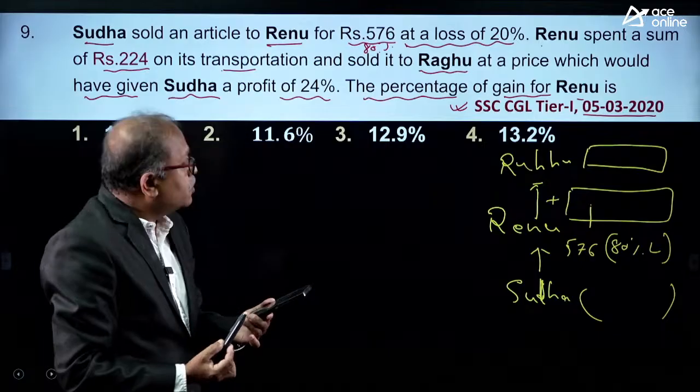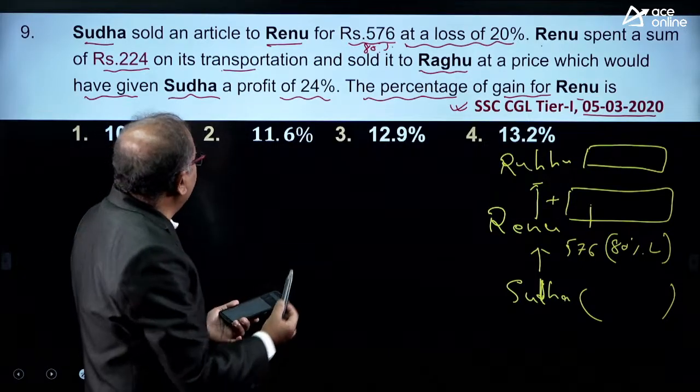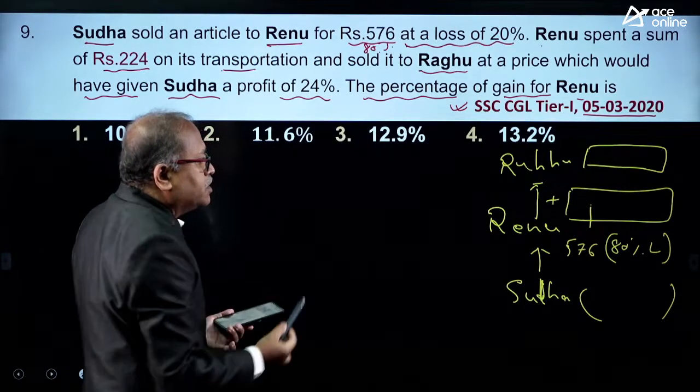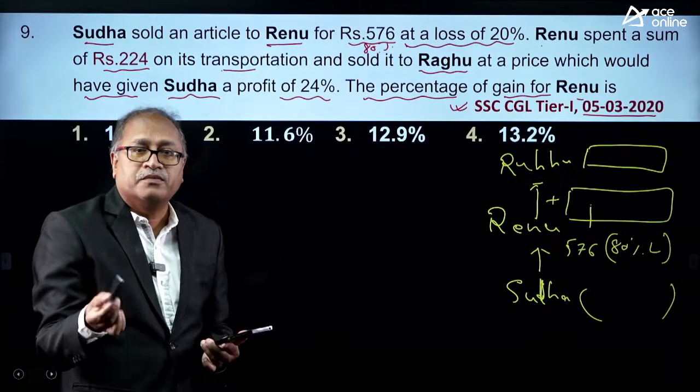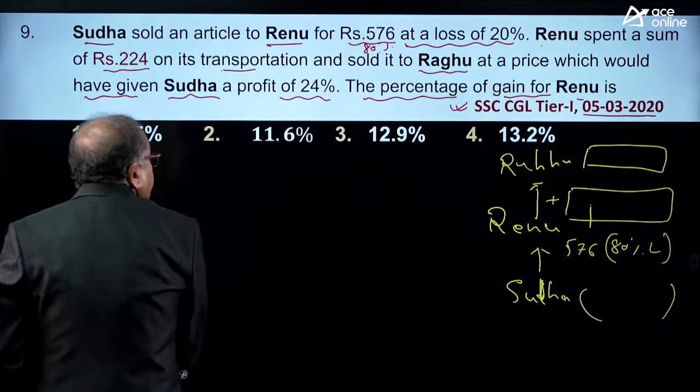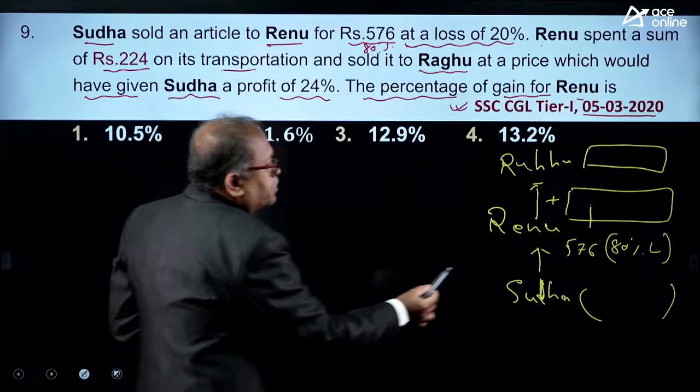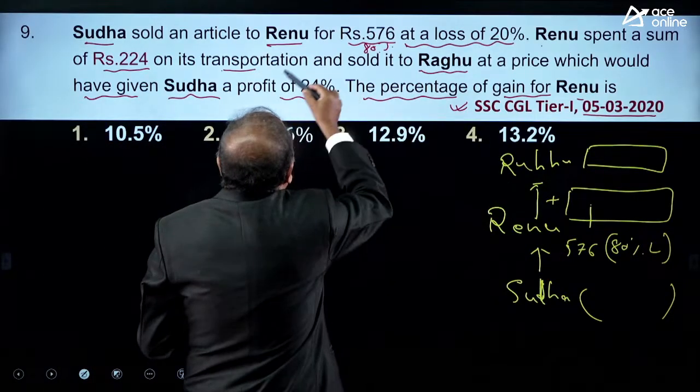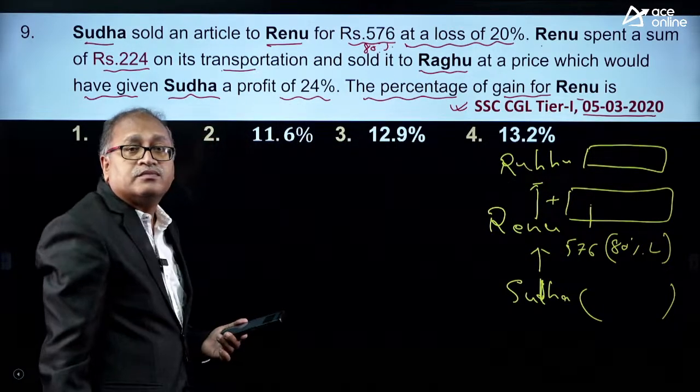Venkat is saying option B, that is 11.6. Well done. Okay, now I will answer the question. Here I already know 80%. Can I find out 124%?